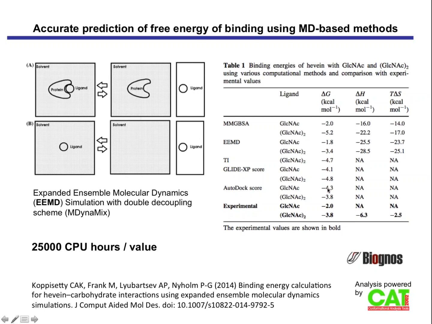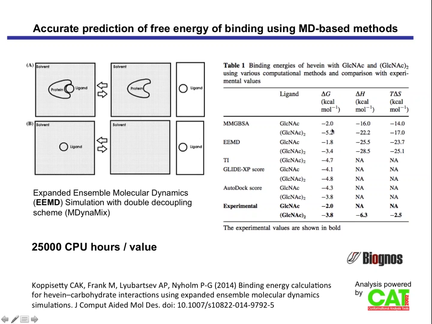For example, with docking, although some results here are quite good, AutoDock score would predict that the monosaccharide has a better score than the disaccharide, which is simply not true. It's the other way around. But the EEMD method did that reasonably well.